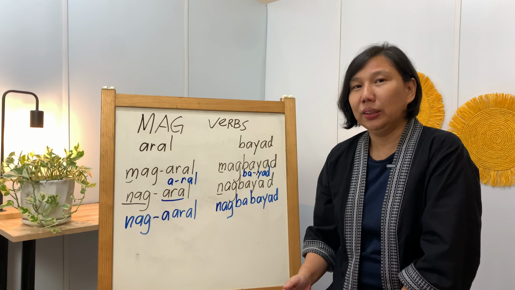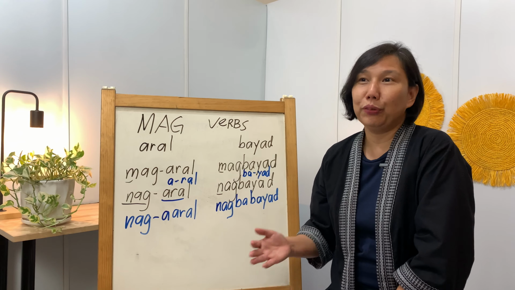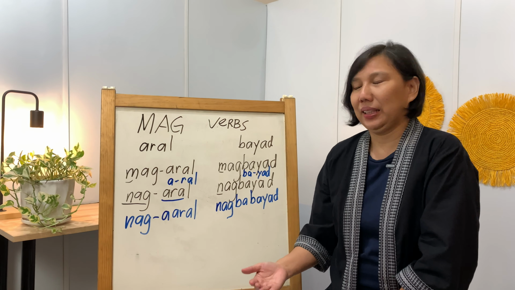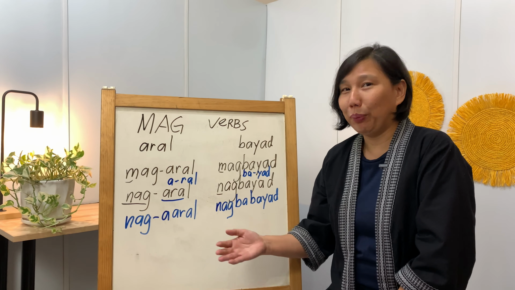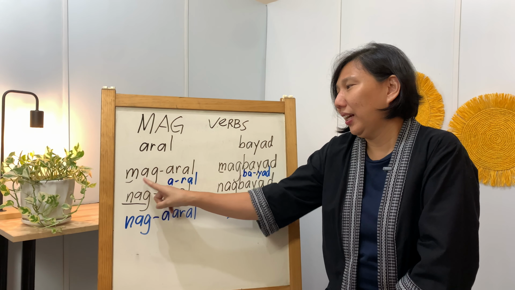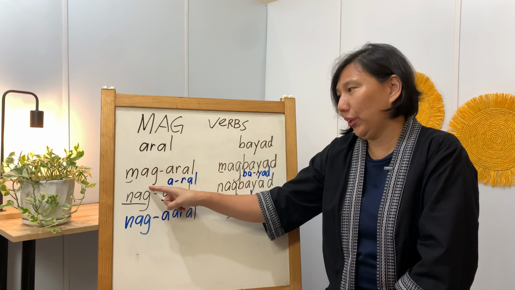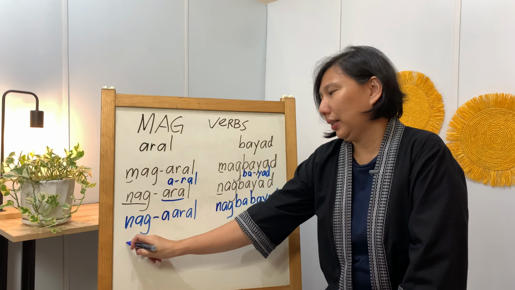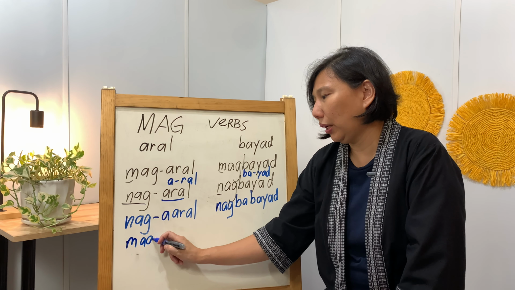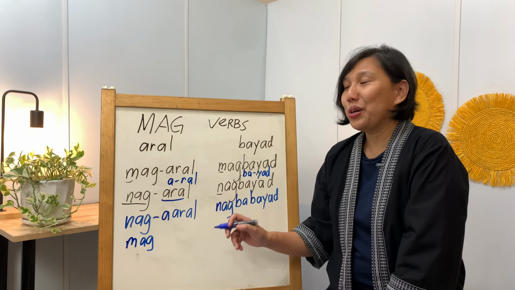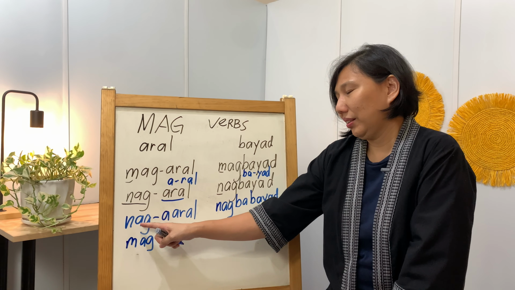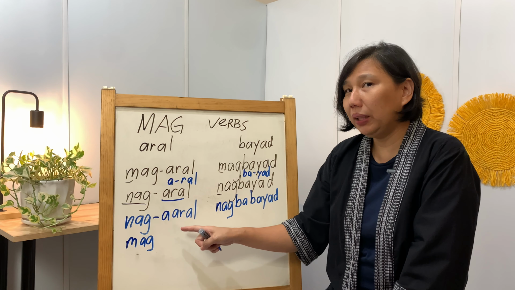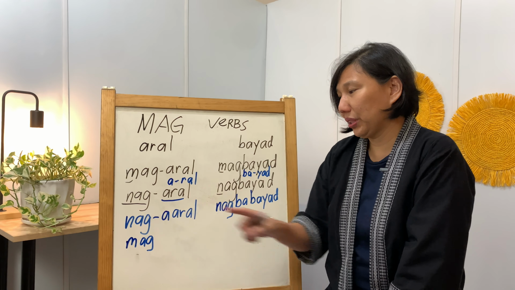Now let's move on to the future tense, or in Filipino, we call it the contemplative aspect. So we go back to the prefix mag. Let me copy it here. Mag. And then, like in the present everyday action or progressive, we repeat the first syllable.